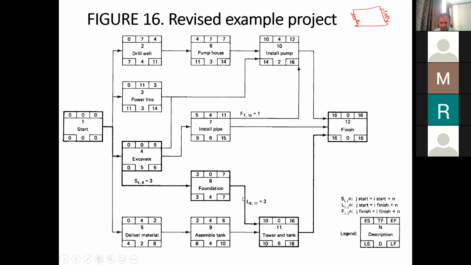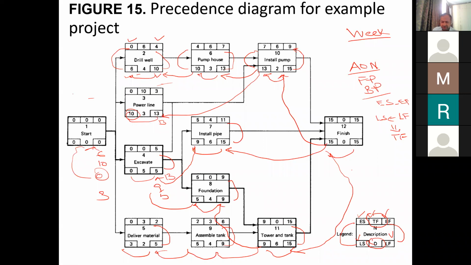This relationship was not there before. Let me go back to the original figure. Yes, this relationship was there, but there was no lag. So that means once the foundation was finished, the next day the tower and tank could be started. But now we have introduced a 3 days lag over here.